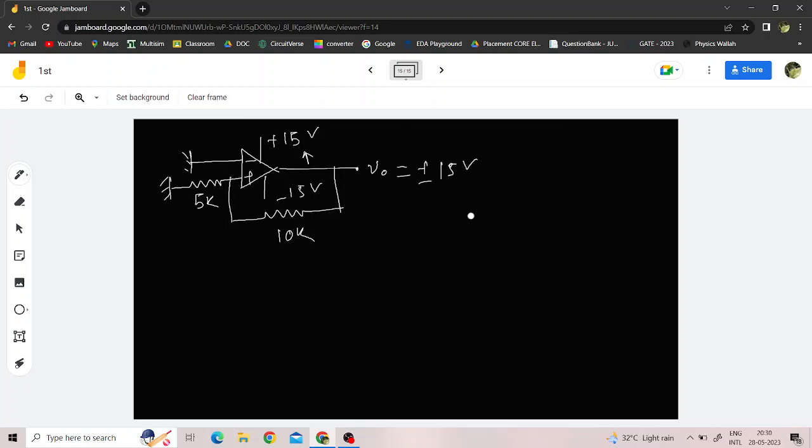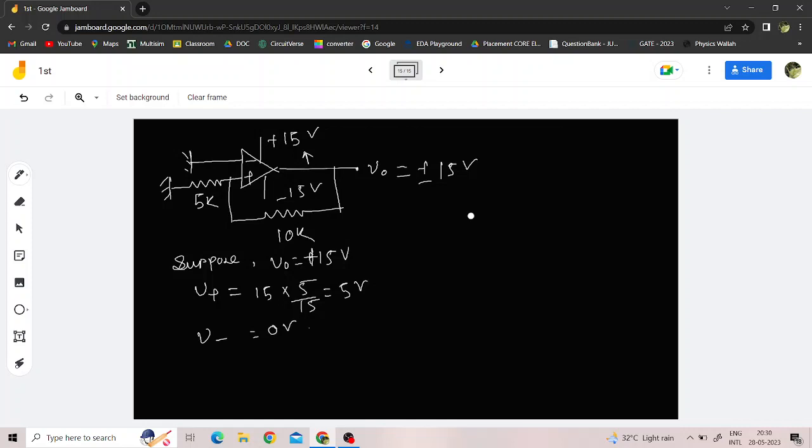Now let's solve the circuit. Suppose my output is plus 15 volt. Then V positive will be how much? 15 into 5 by 15, 5 volt, and V negative will be 0 volt.